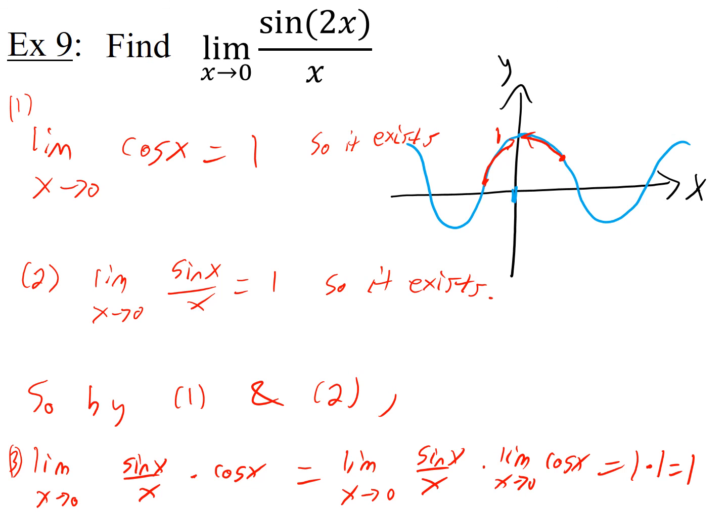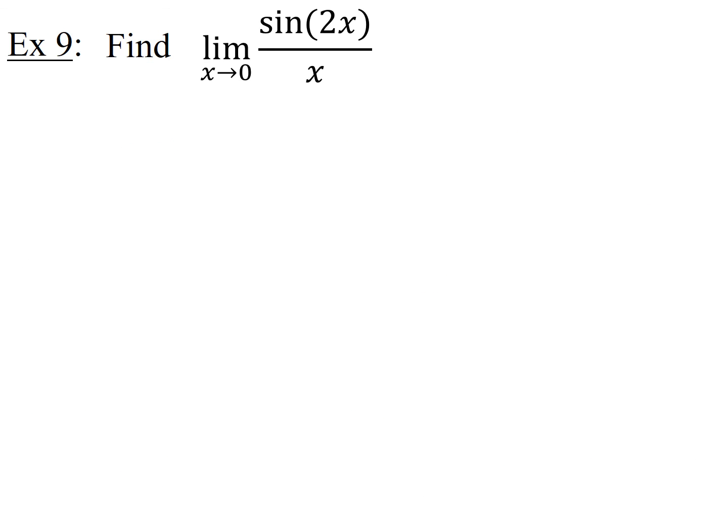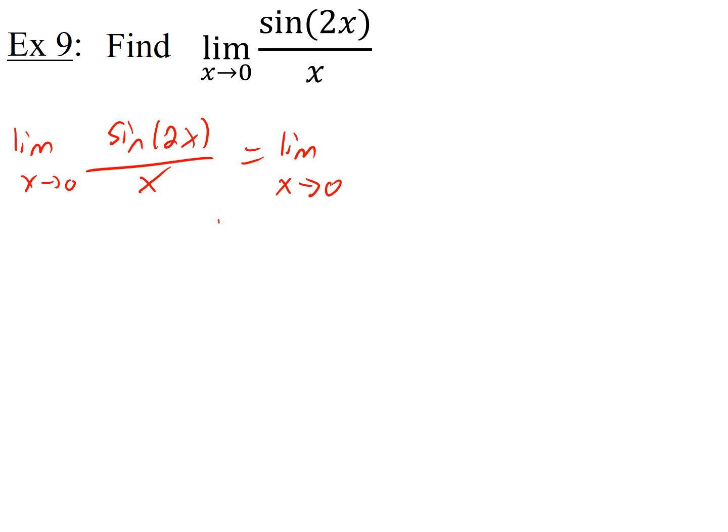Let me erase some stuff. So finally we can find the limit that they're asking us to find. So we have the limit as x goes to 0 of sine 2x over x. All I'm doing here is rewriting the function using a trig identity. So we have 2 sine x cosine x for the top over x.